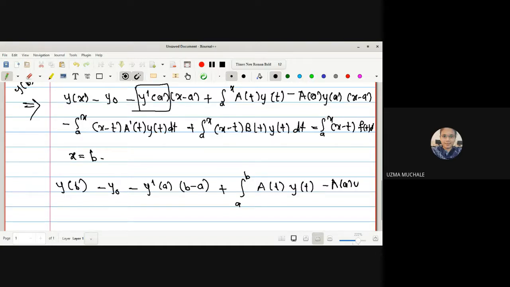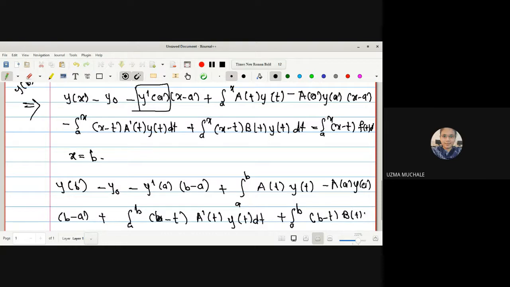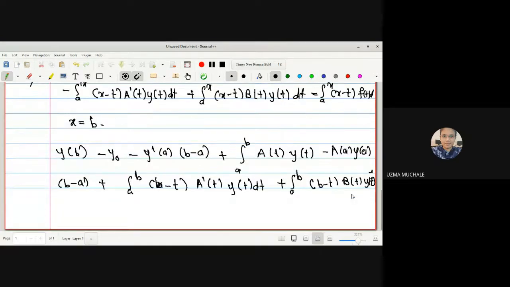Minus a of a, y of a into b minus a plus a to b. Sorry, here it should be b minus t, a dash of t, y of t dt plus a to b minus t b of t y of t dt, which is equals to integration a to b minus t f of t dt.